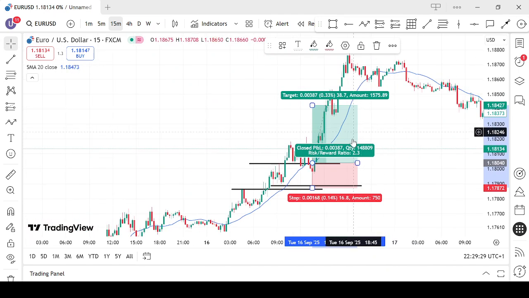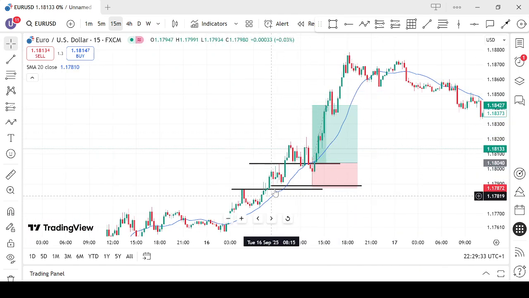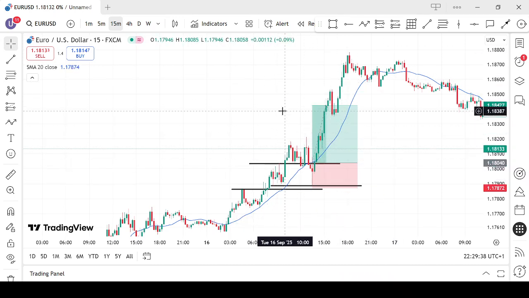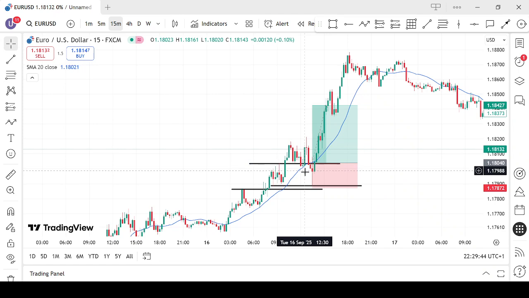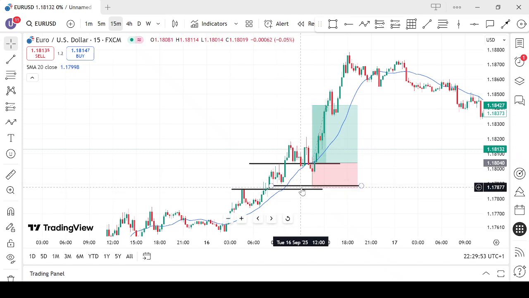All you need to do is to maintain this. Once price gets to your resistance, price is already trading above your moving average, which signifies that we are in an uptrend. And when price comes to respect this resistance level, you enter the trade, and you set your stop loss just below your swing low region.